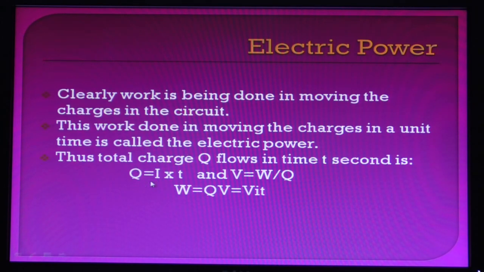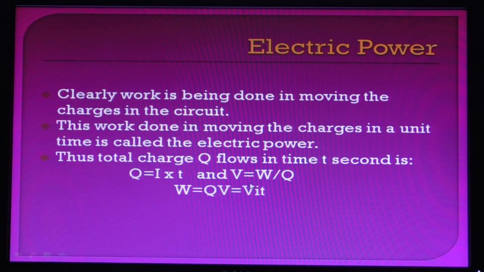Electric current is known as rate of flow of charge, and from there, eliminating for Q, Q is equal to I into T, where T is the time during which the charges move. And V is equal to W over Q. This gives you the definition of potential difference, that is work done per unit charge.